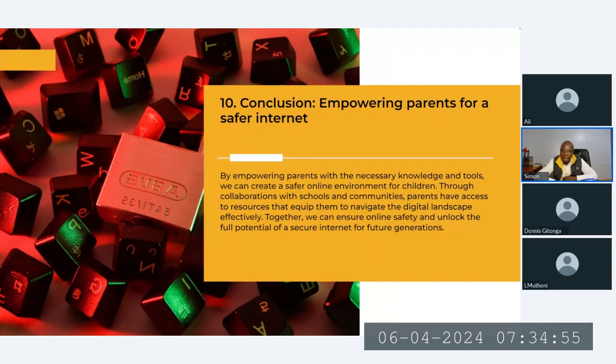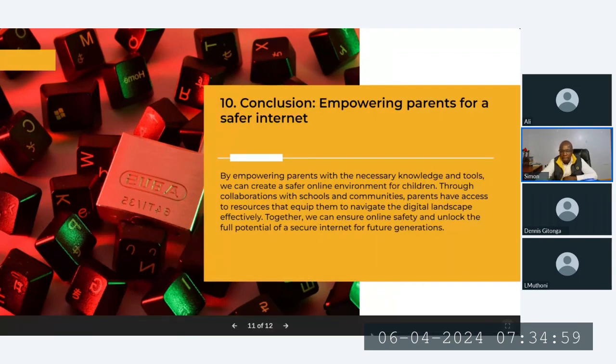So we are coming to the end of our presentation, and the message that we are saying is that if we can empower all parents for a safe internet, they can give their children access to better opportunities, and they can at the same time be able to protect their children, which is their right, but also access to information is a children's right.